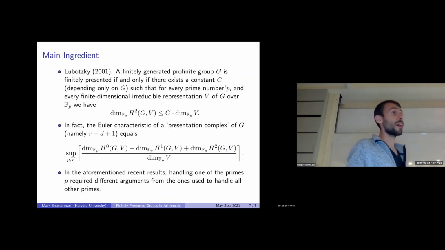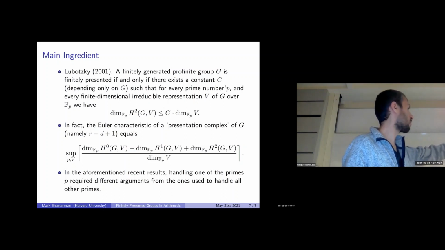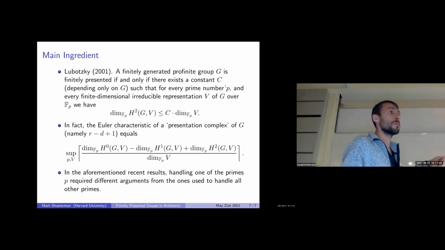It turns out for profinite groups, at least for most of them, the number of relations, so this number that I wrote, r minus d, okay, you can remove the plus one. This r minus d, which is usually called the deficiency or the negative deficiency in group theory, doesn't depend on the actual presentation you choose.